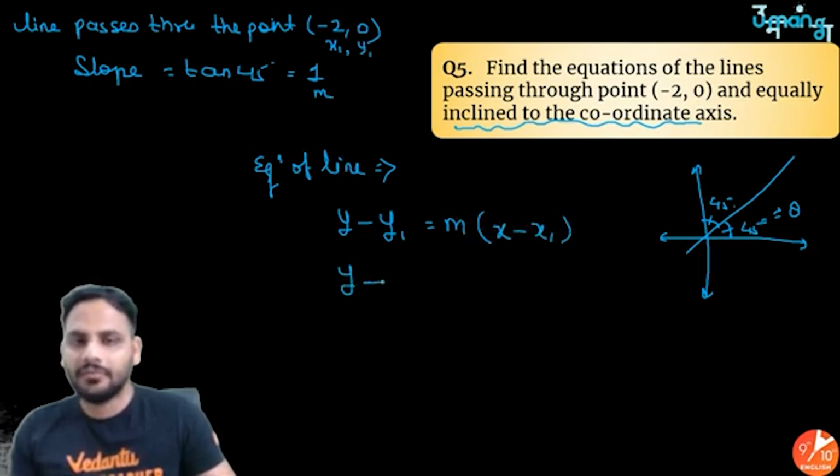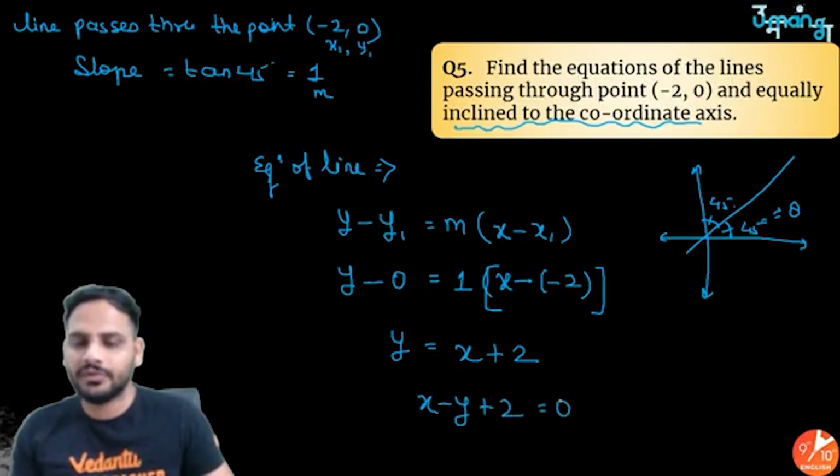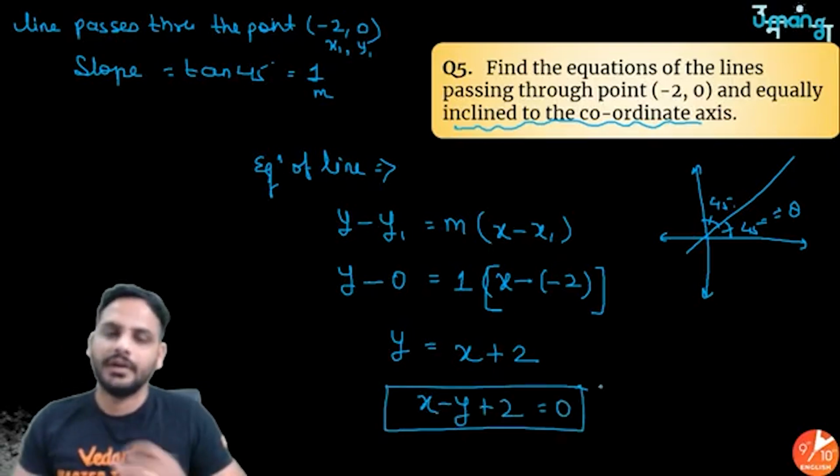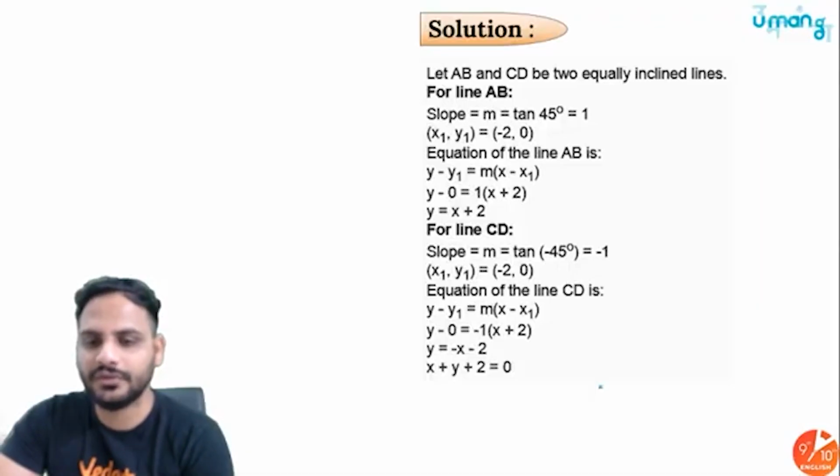So y minus 0 is equal to m, which is 1, times x minus of minus 2. So y is equal to x plus 2, and the final equation is x minus y plus 2 equal to 0. Done. x minus y plus 2 is equal to 0. This is your final form.